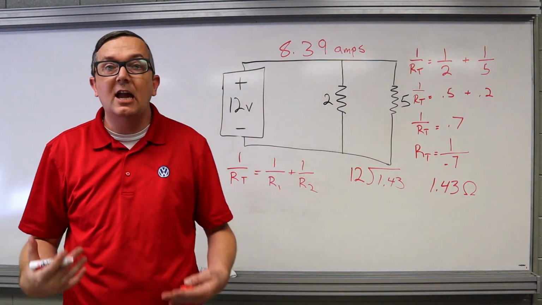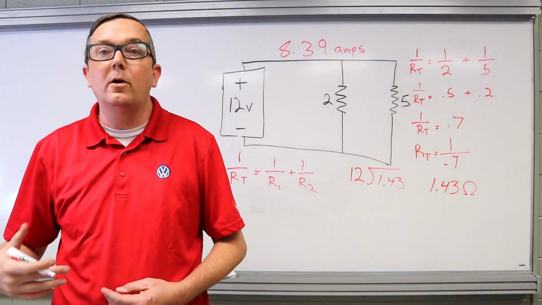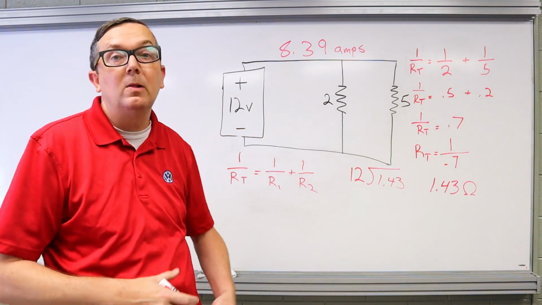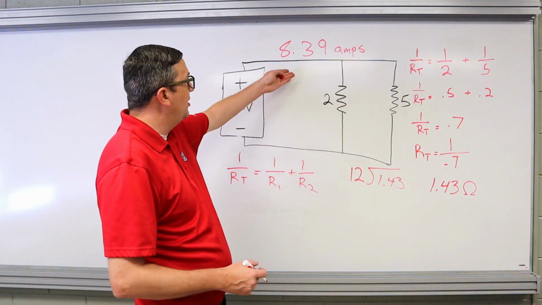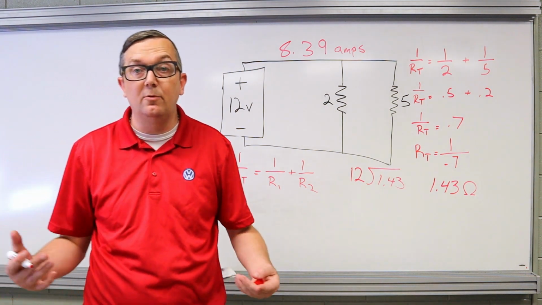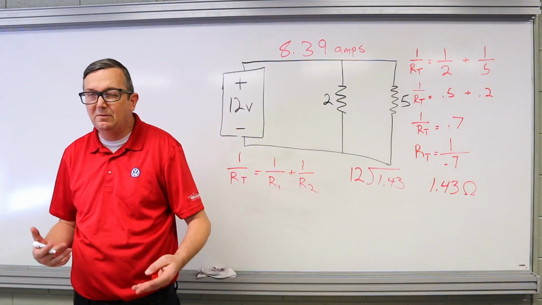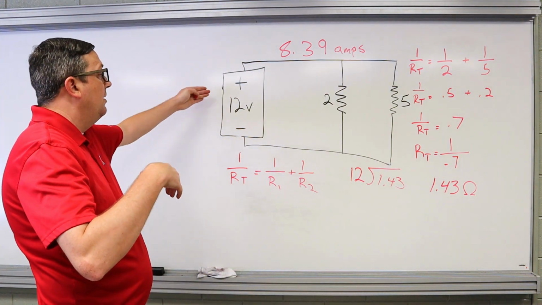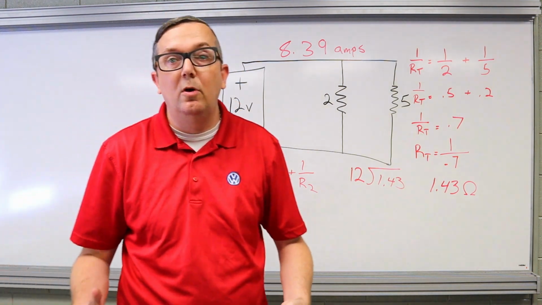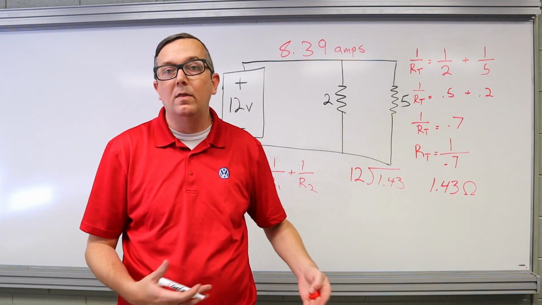Okay, and so that's how we solve for a parallel circuit. Okay, very easy. And this right here, 8.39 amps, I'd go ahead and run a 10 amp fuse on this circuit, maybe 15 depending on what it is. And so this is all the math we're going to need to do for figuring out anything on these circuits, okay?